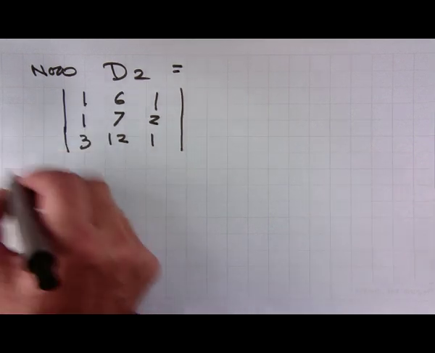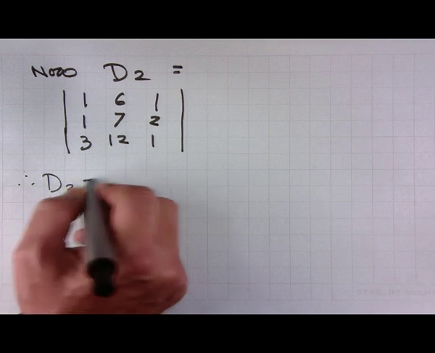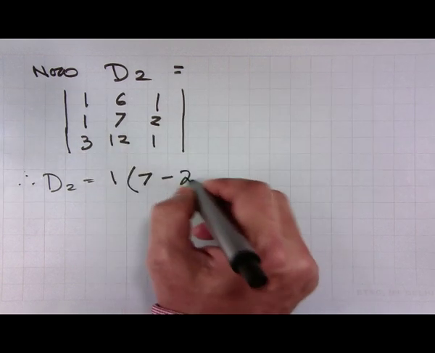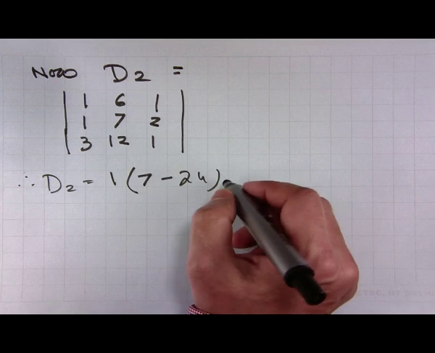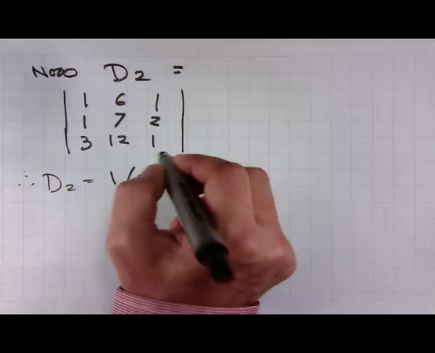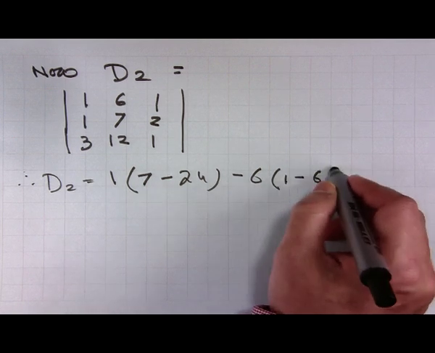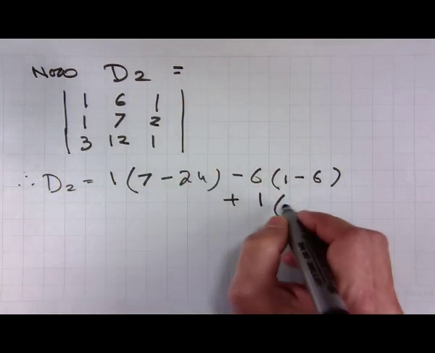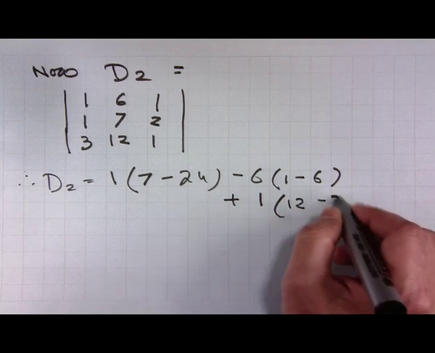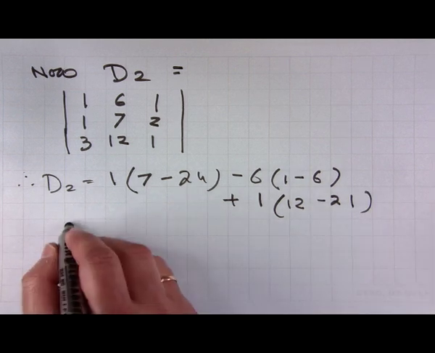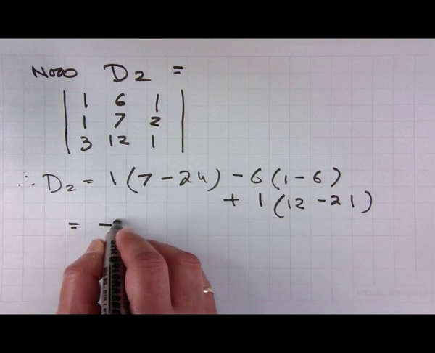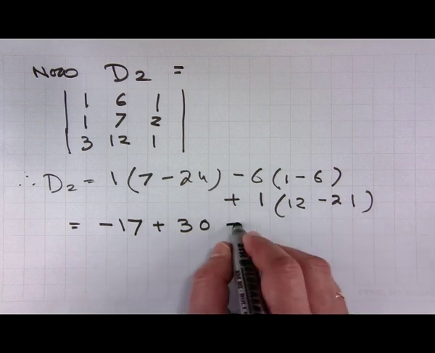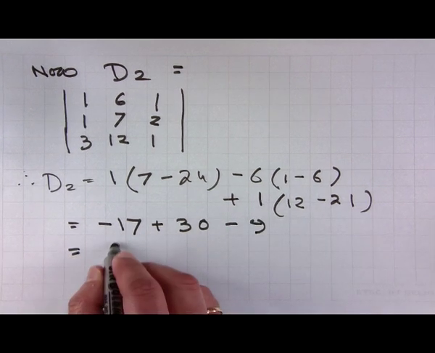Therefore, its determinant is 1 into (7 minus 24) minus 6 into (1 minus 6) plus 1 into (12 minus 21), which is equal to minus 17 plus 30 minus 9 is equal to 4.